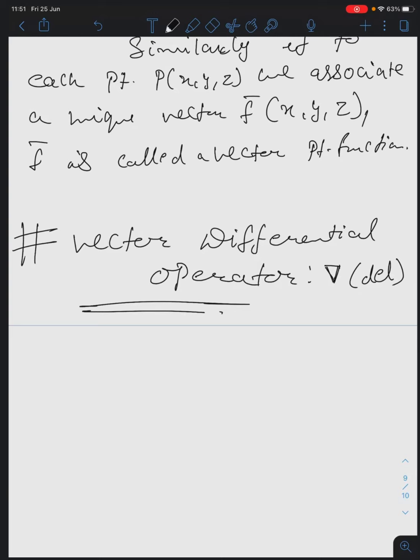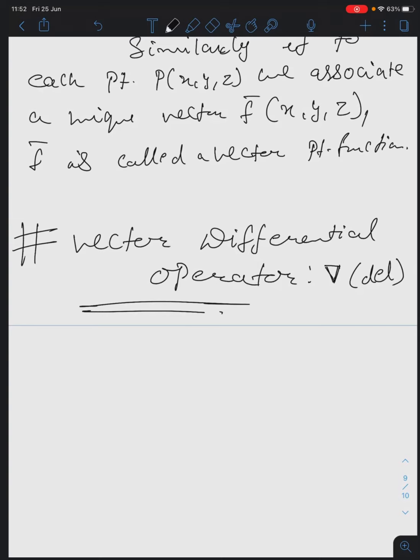Now, if I just write d by dt, does it have any meaning in itself? If I just write a minus sign, or just a multiplication symbol, will it have any meaning in itself?